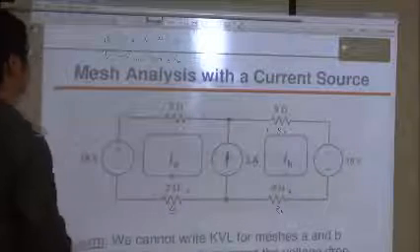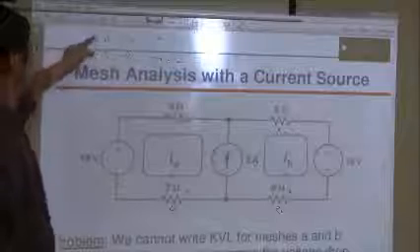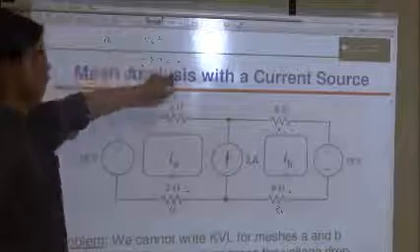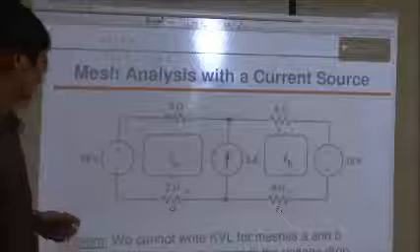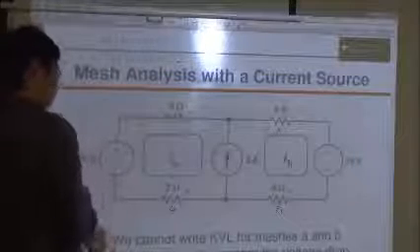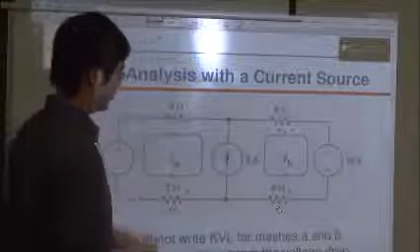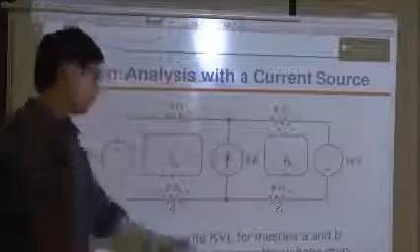Okay? Assuming VS is known, the unknowns are IA and IB, and then you can solve. So it's pretty straightforward, just like a resistor. The only thing different is when this is a current source, then you have to use the big loop to solve the problem. Okay?